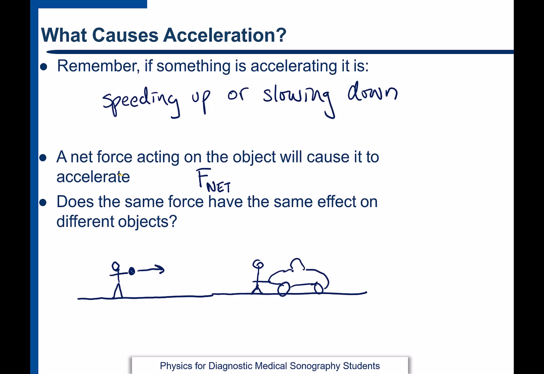And so what we're going to find is that the effect that the net force has is going to depend on the mass of the object. So it makes sense that if the mass is smaller, it's easier to get it to move. Remember, that's that concept of inertia, the tendency of an object to want to stay either at rest or stay moving if it's already moving, that we talked about previously.